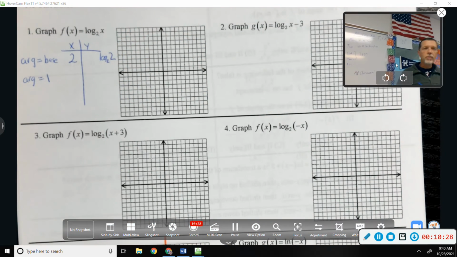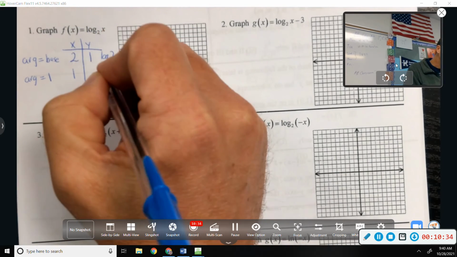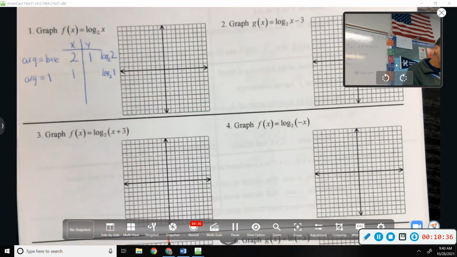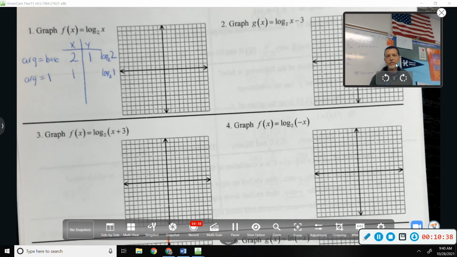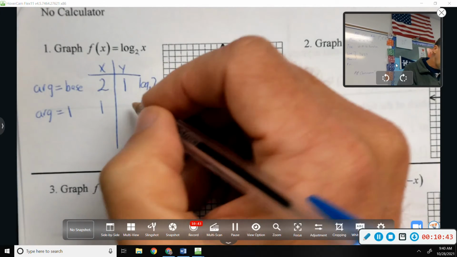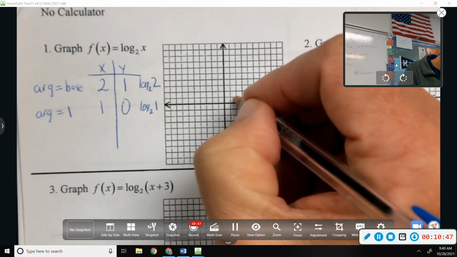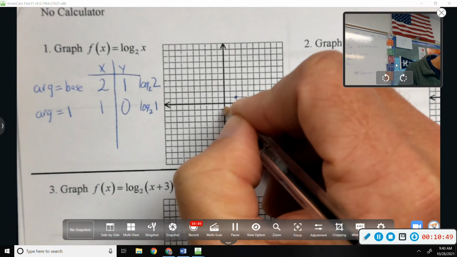And what's log base 2 of 2? 1. If I make the argument 1, what's the log base anything of 1? 0. So 2, 1, and 1, 0.